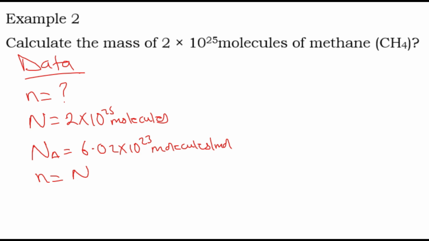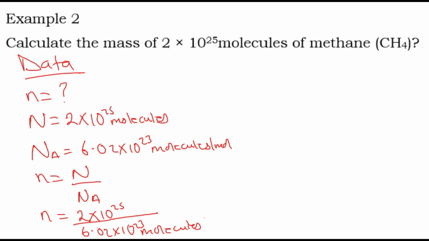Number of moles is equal to number of particles over the Avogadro's number. Number of moles is equal to 2 × 10^25 over 6.02 × 10^23 molecules per mole.